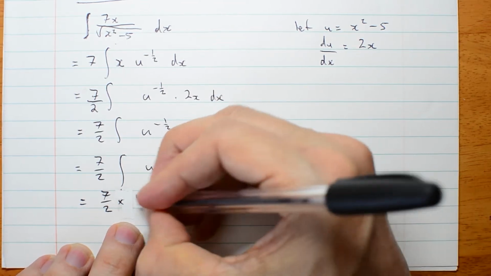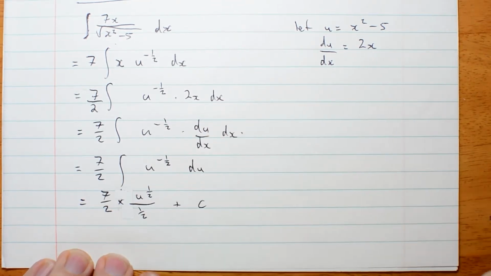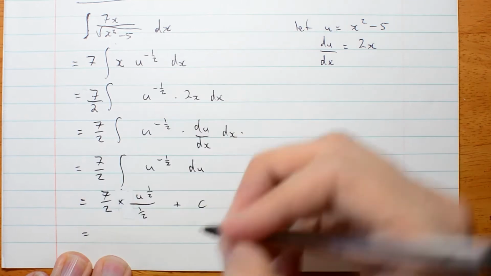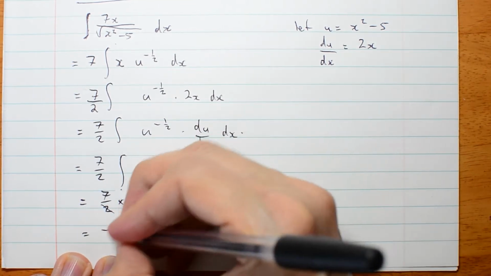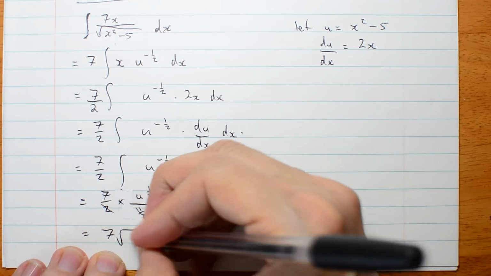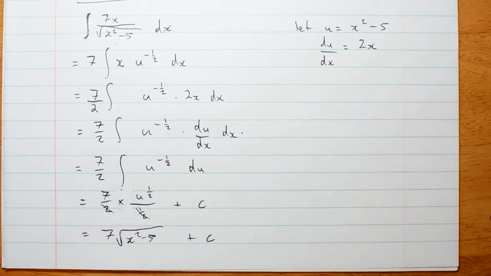U to the half divided by a half, plus a constant. Well, wait a minute. Half on the bottom times 2, and u to the half therefore is the square root of x squared minus 5, plus constant.